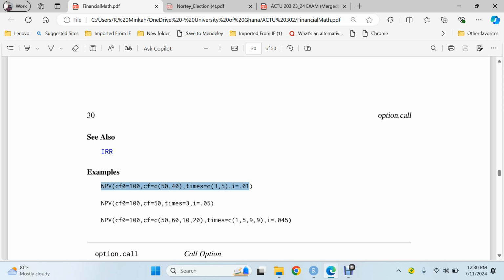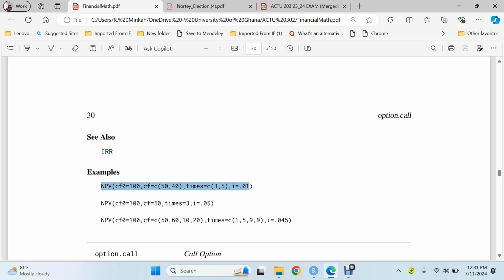Is that okay? So that's how that one looks like. Okay. Then this is just 2, 3. So you have at the beginning 100, then the cash flow is only 50, and the times are only the third period. Which means when you invest, you only get 50 at the end of what? The third period. Is that okay?